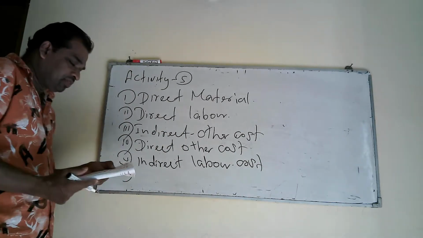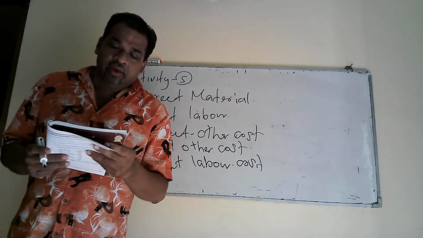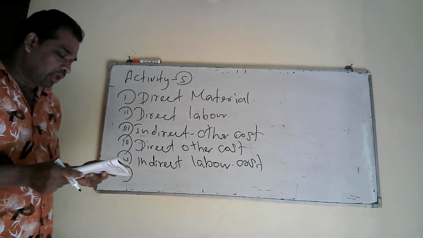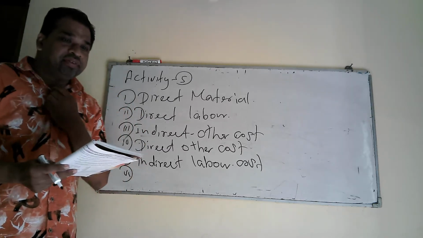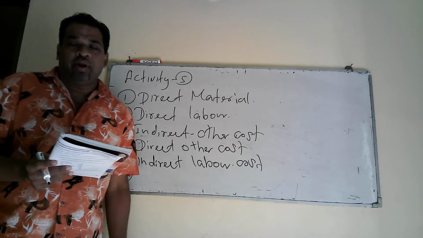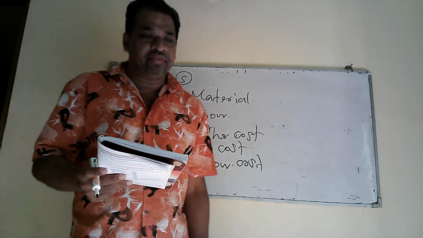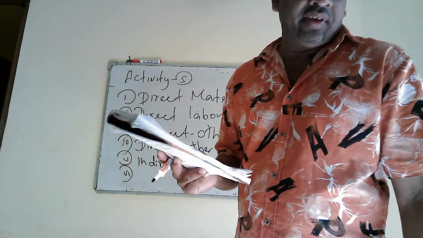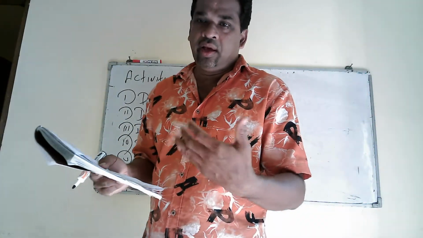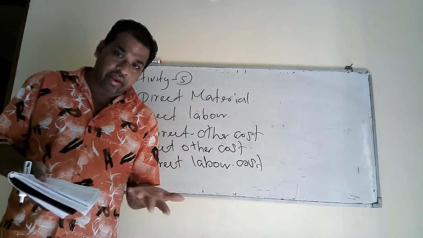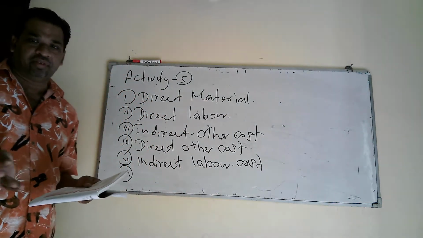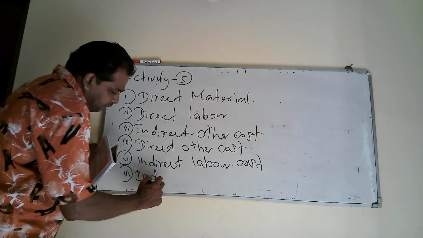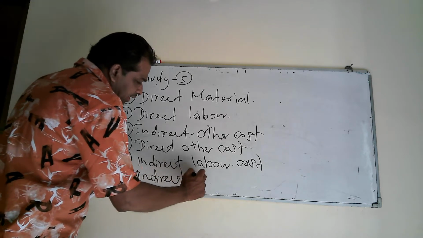Last item, number 6, cost of adhesives. What are the examples of other things? Here we can use different other indirect materials in a production process. Cost of adhesive is indirect material.